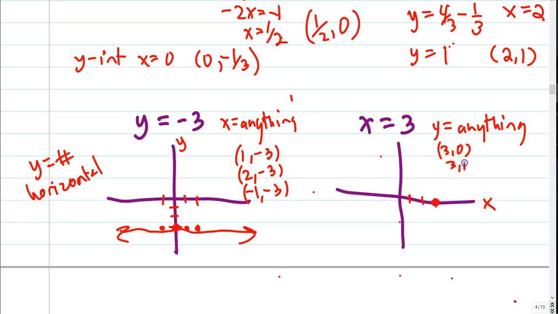We could have 3, 1. We could have 3, -1. As long as the x stays at 3, y can equal anything. What type of line are we getting this time? If y equals is horizontal, x equals is vertical.